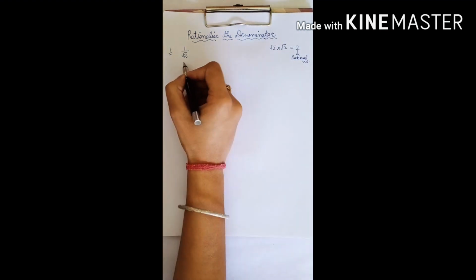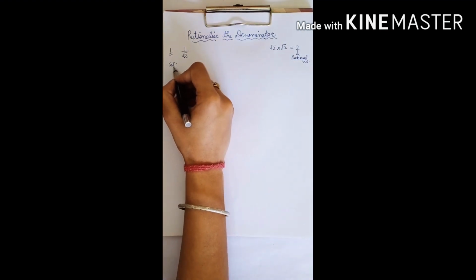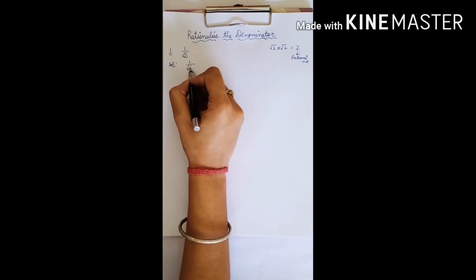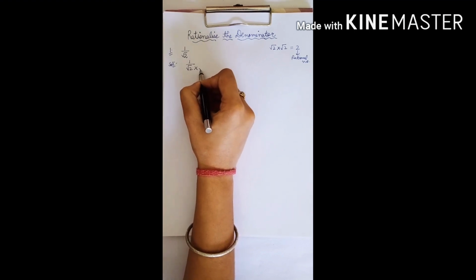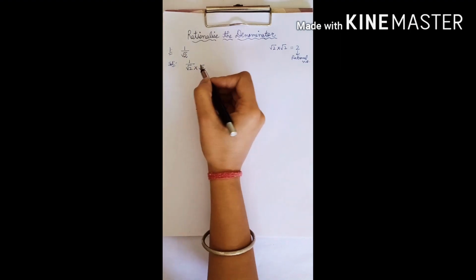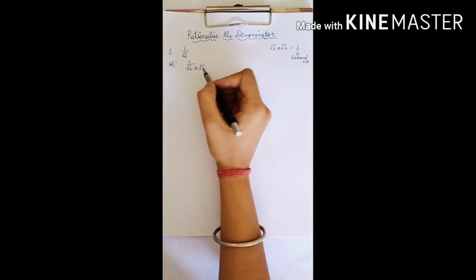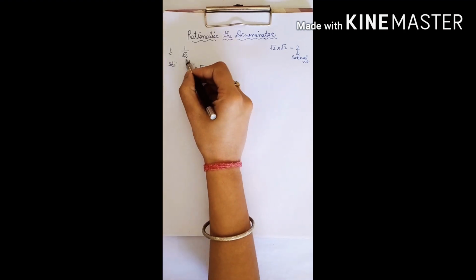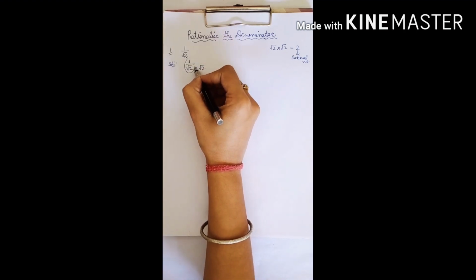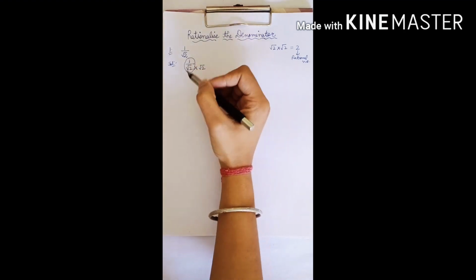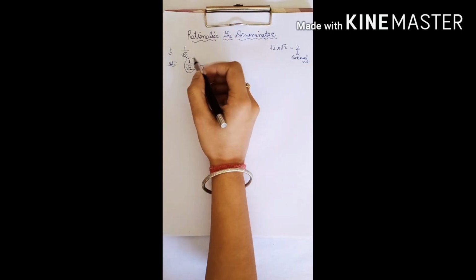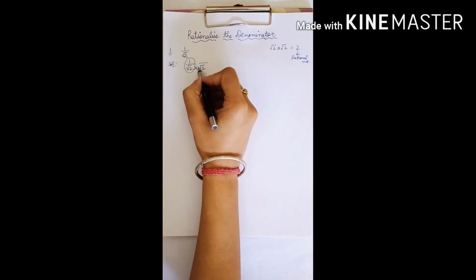So I'm starting with the solution. 1 by root 2, I multiply the denominator by root 2 to make it a rational number. But by multiplying the denominator by root 2, I am changing the value of this number. To avoid the change, I will multiply the numerator by the same number.